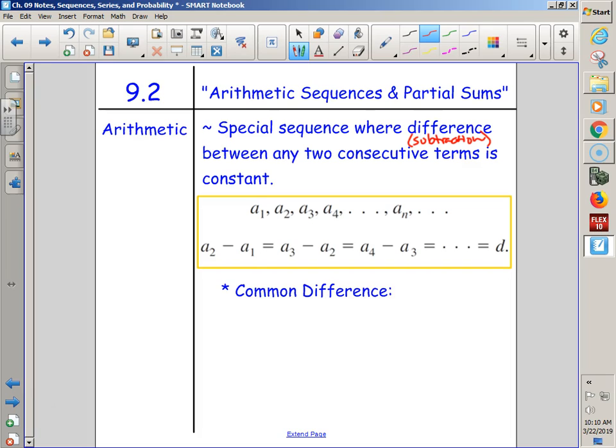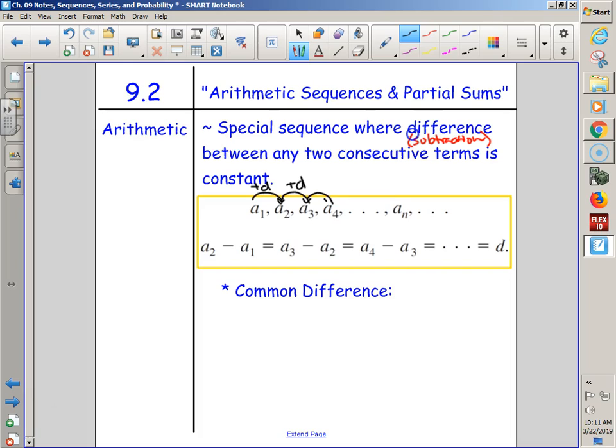So 2 consecutive terms, okay, not like serving for president, but coming back here, 2 consecutive terms, one right after the other. So if we subtract the second minus the first, the third minus the second, the fourth minus the third, all of those subtractions end in the same number. But an easier way of seeing the pattern, at least in my head, is because that difference between them is constant. Guess what's also constant between them?